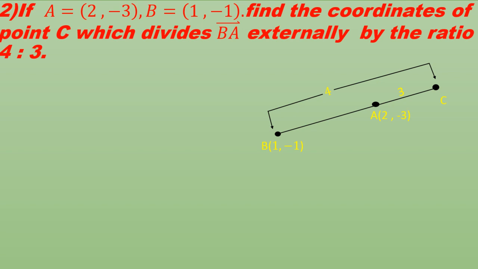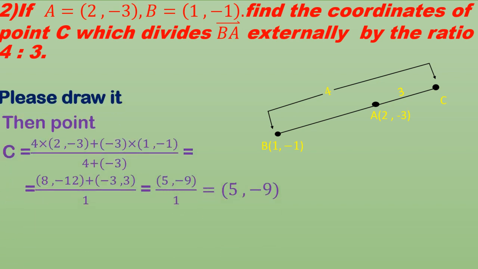Then the point C, with the same method, my rule, no difference between internally or externally. But 4 times what? 4 times A. Why? Because this ratio is for B. So again 4 times point A, and 3 times B.